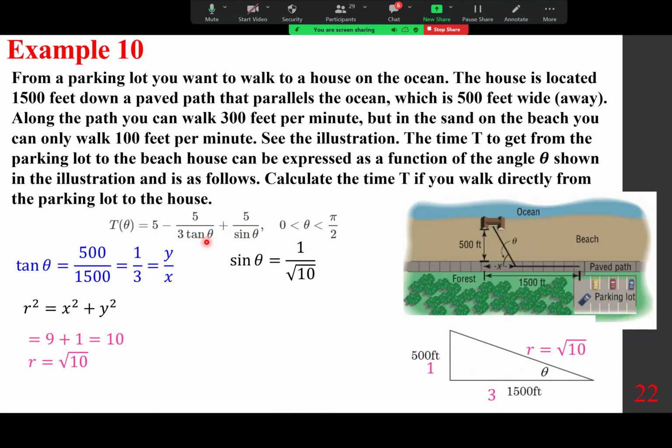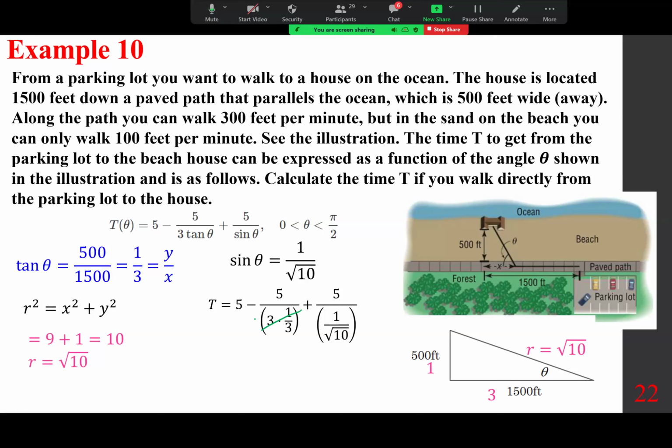Because when we look at this formula, we need to know the tangent, which we found to be 1/3, and we need sine, which we have as 1 over square root of 10. So this is the answer, and we're going to simplify it. But you want to keep the exact answers until there is time to simplify. So please understand these two cancel each other, become 1.